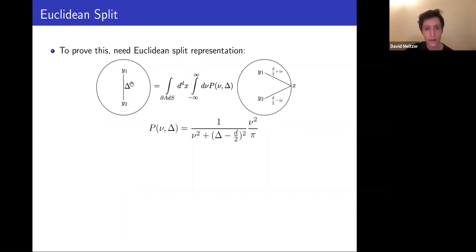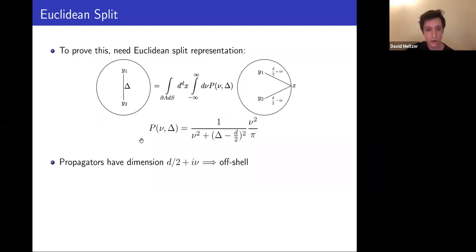The identity says that my time-ordered bulk-to-bulk propagator, or just my Euclidean bulk-to-bulk propagator, can be written as a product of two bulk-to-boundary propagators, where I integrate over their common boundary point. But I also have this spectral integral, which didn't appear before.